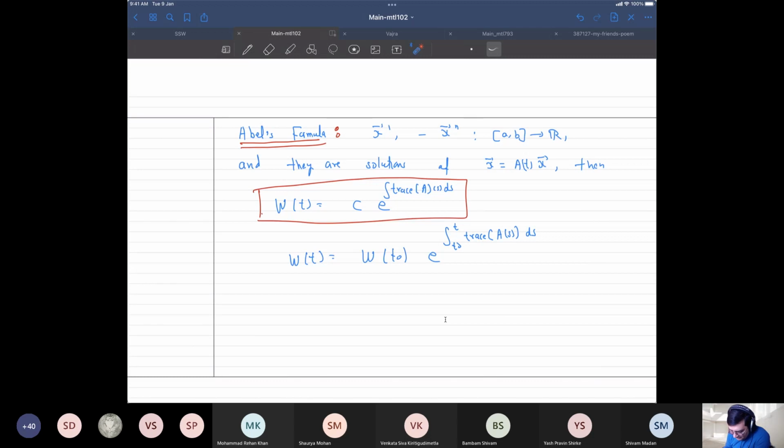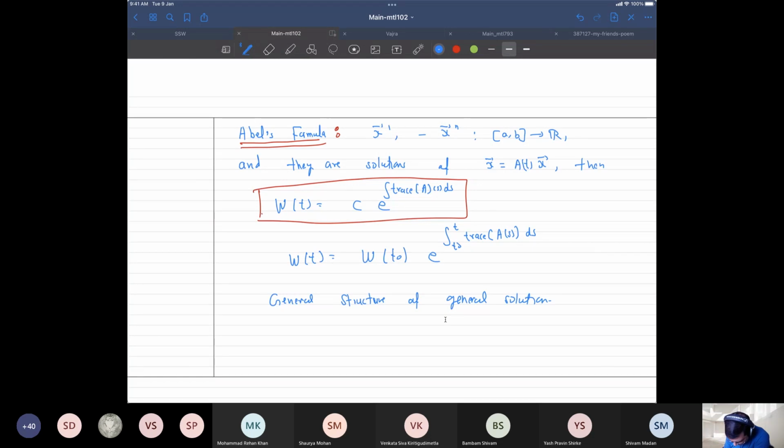Okay, and with the help of this Wronskian discussion, you have the general structure of the general solution of the homogeneous problem. So how did you find the general solution? The general solution means all the solutions.